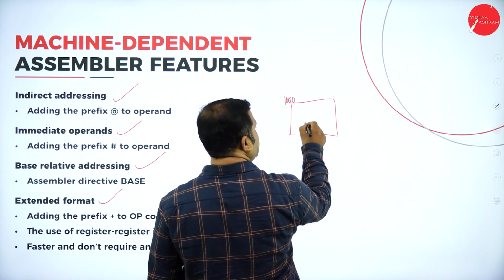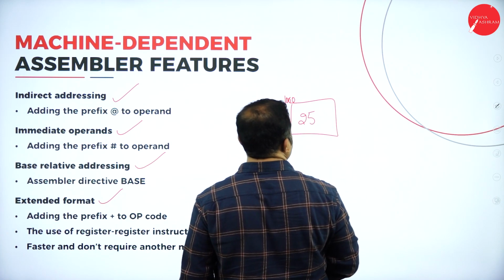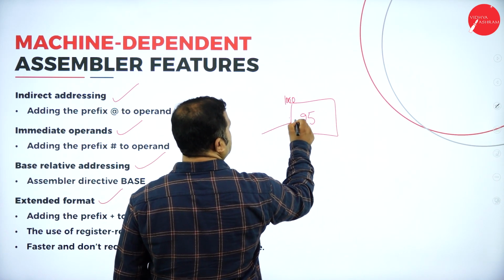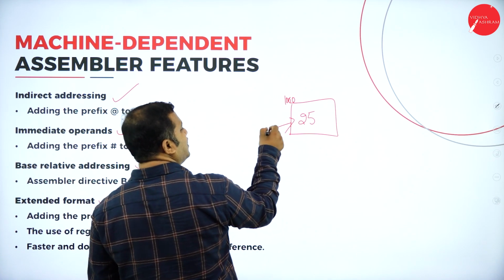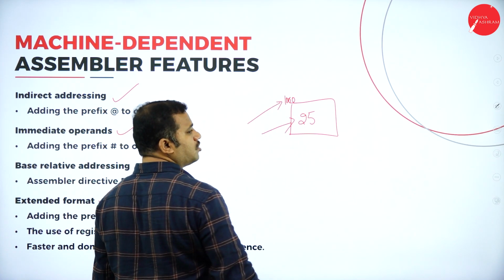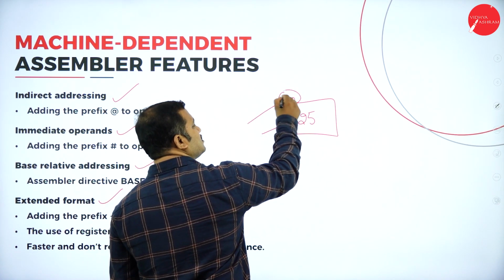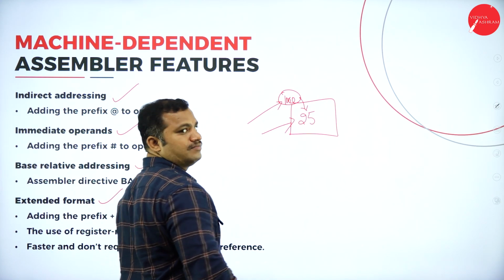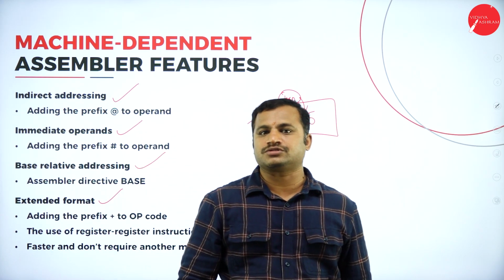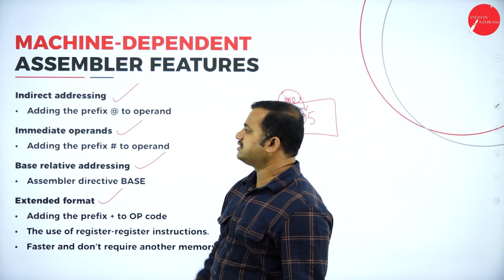What is the value present in it? 25 is the value present in it. Instead of directly accessing the value 25, I will say the value 25 is present at this location. Kindly go to this address, you will get the value 25. That is the term we use in case of indirect addressing.